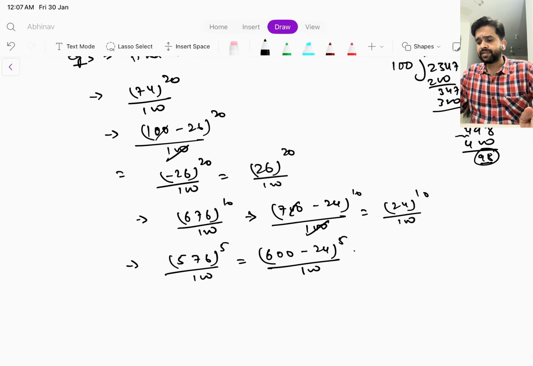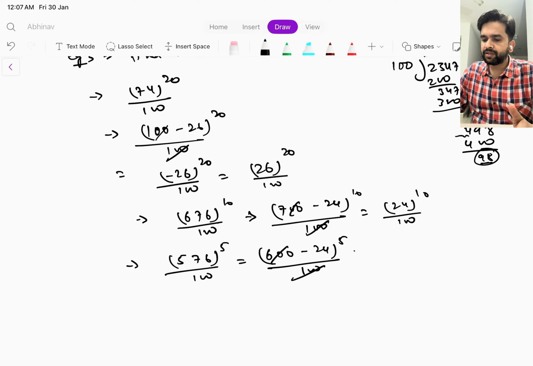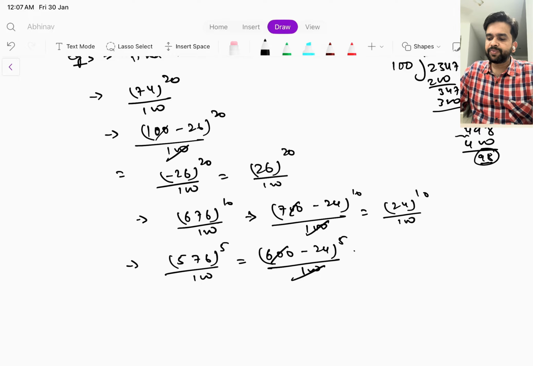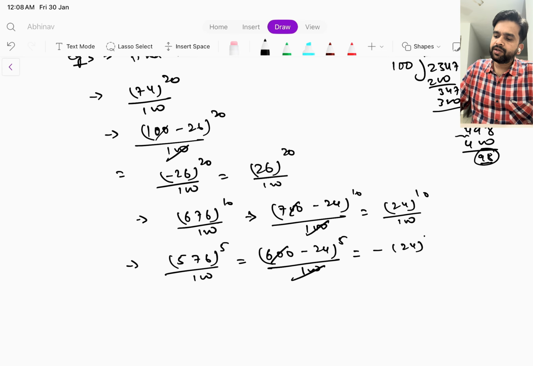I'll cancel 600 because after opening the binomial expansion, all the terms bearing 600 are completely divisible by 100, which will leave us remainder 0. So now I am left with minus 24 raised to power 5. Negative number raised to odd power gives me a negative number. So I'll take the negative outside, and this can be written as 24 raised to power 5 divided by 100.